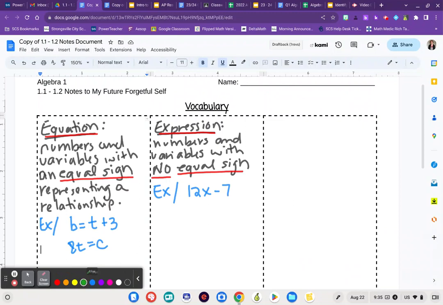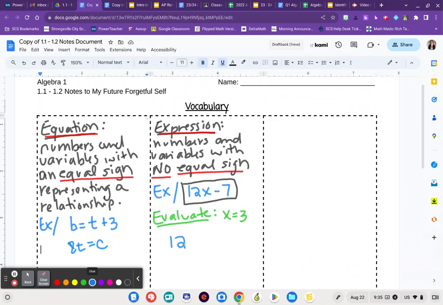However, something that we can do with expressions and we actually can also do with equations is we can evaluate. And evaluate means that we are going to be given something like, if x were to equal 3. Evaluate if x is 3. And what that means is I'm going to take this expression, which has an x in it, and rewrite that expression.